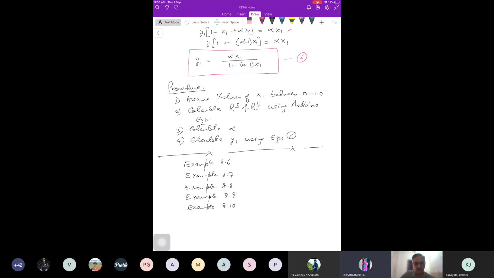All correct. So let's see if I can give you the problem, because I see that you are having problems in solving numericals.